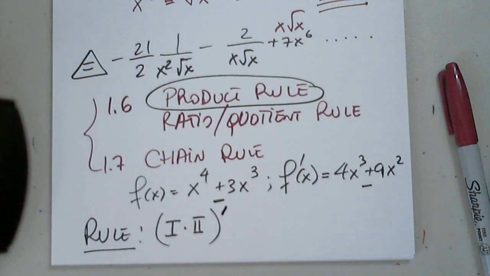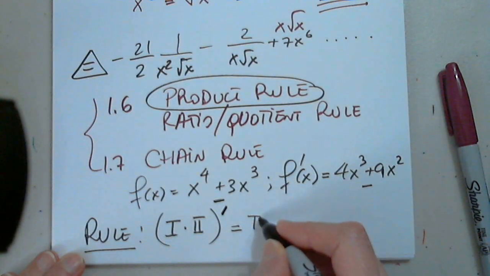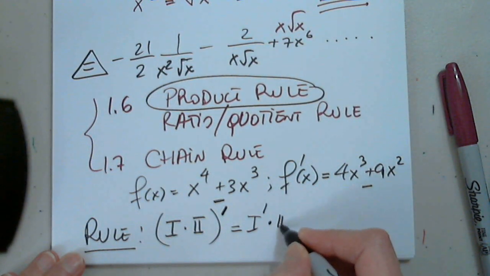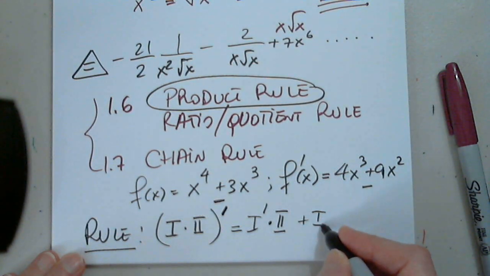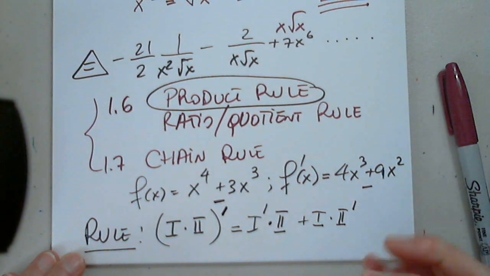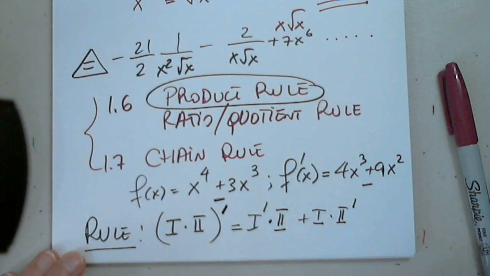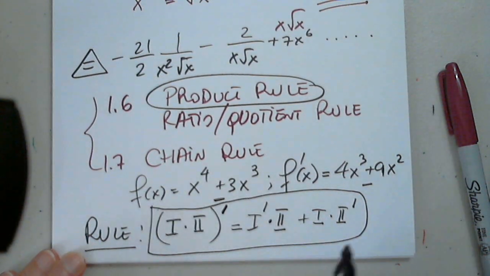Okay, so here it is. First function prime multiplied by the second one not prime, plus the first function multiplied by the second one prime. Yes, you can twist these the way you like. It doesn't matter as long as you have both terms in there.